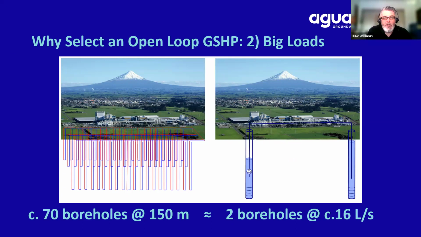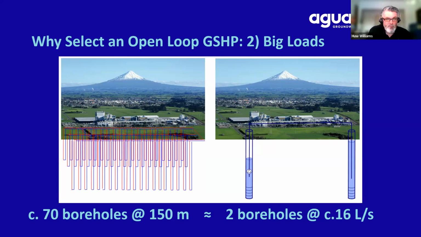But looking at the economics of the system, if we had about 70 boreholes, each of them at 150 meters deep, give or take, we get about the same thermal loads that we can service off just 2 boreholes, 1 pair of open loop wells working at about 16 liters a second. So in this case, even though we have the space available, the open loop boreholes are simply cheaper.